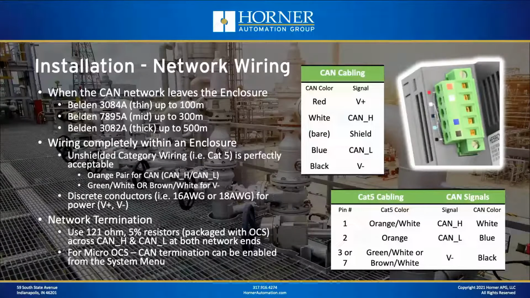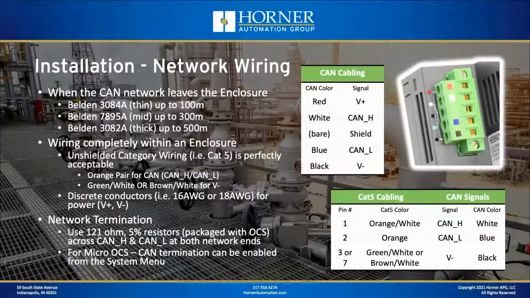Now, when you're using category wiring, which consists normally of 4 pairs, you're only going to use 2 pairs. 1 pair for communications, the CAN communications, that's the orange pair, and then 1 other conductor for common, for the network common. So you'll either use the green-white or the brown-white for common. Either one will work fine.